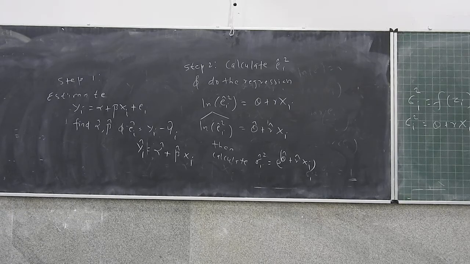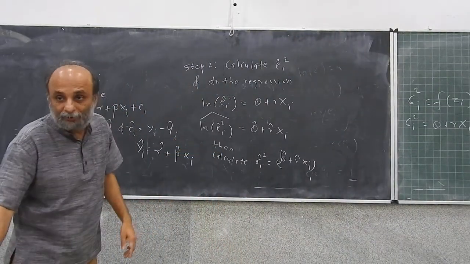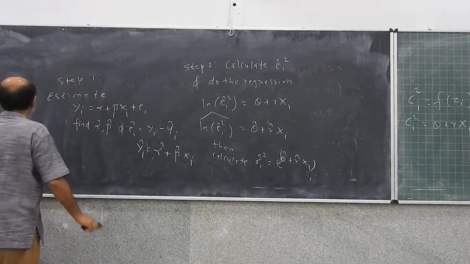You take the exponential from both sides, right? So calculate sigma hat square i is equal to e raised to theta hat plus gamma hat xi. And then use these sigma hat i squares, right? Then form your weights.